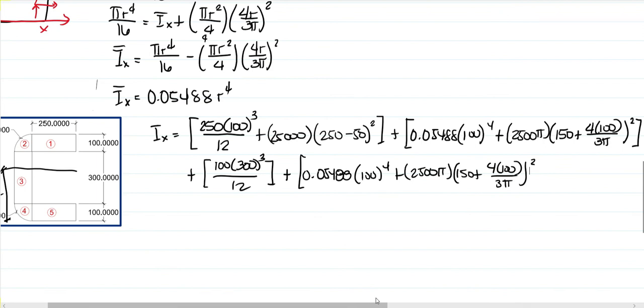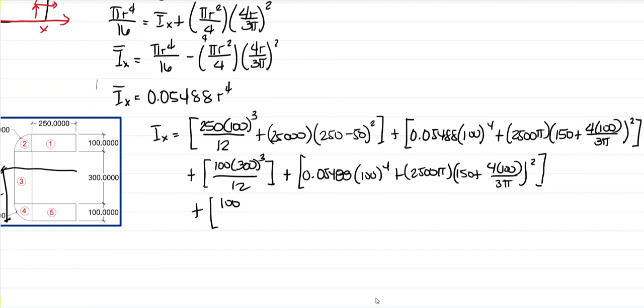Then, last area will be yung fifth area na rectangle. So, plus 100 times, yung base pala, sorry, that is 250 times 100 cube divided by 12. Transfer will be plus, so since y bottom is 250 din, so yung area niya din is 25,000.